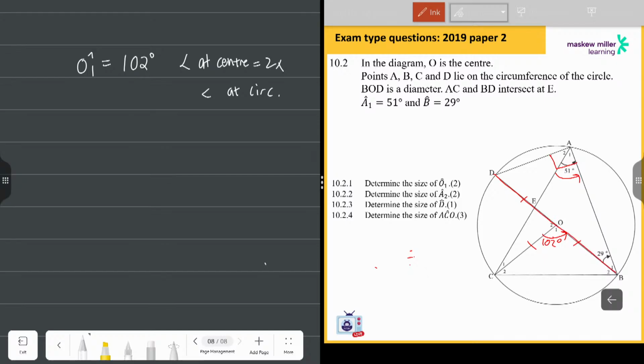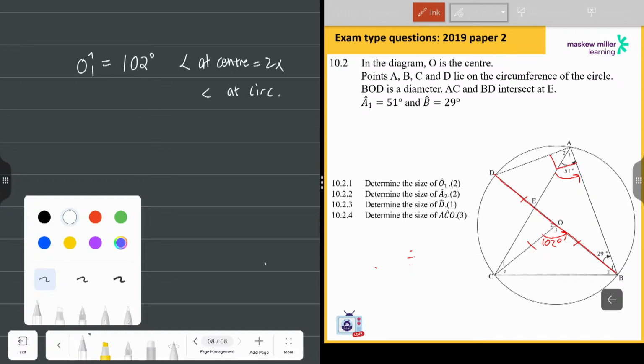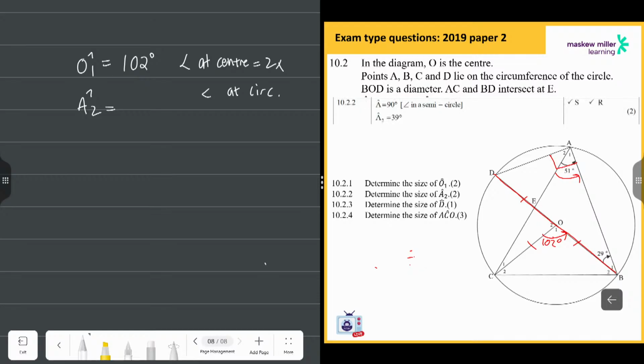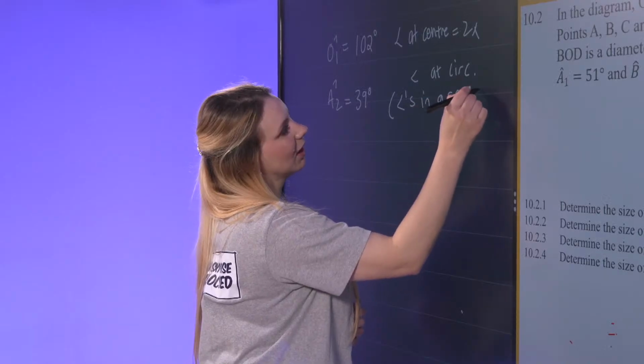And this DB subtends angle A, which would make that angle a 90-degree angle. If this whole angle is 90 degrees, then A2 must be 90 minus 51. So A2 is equal to 90 minus 51, which gives us 39 degrees. Our reason is angles in a semicircle.